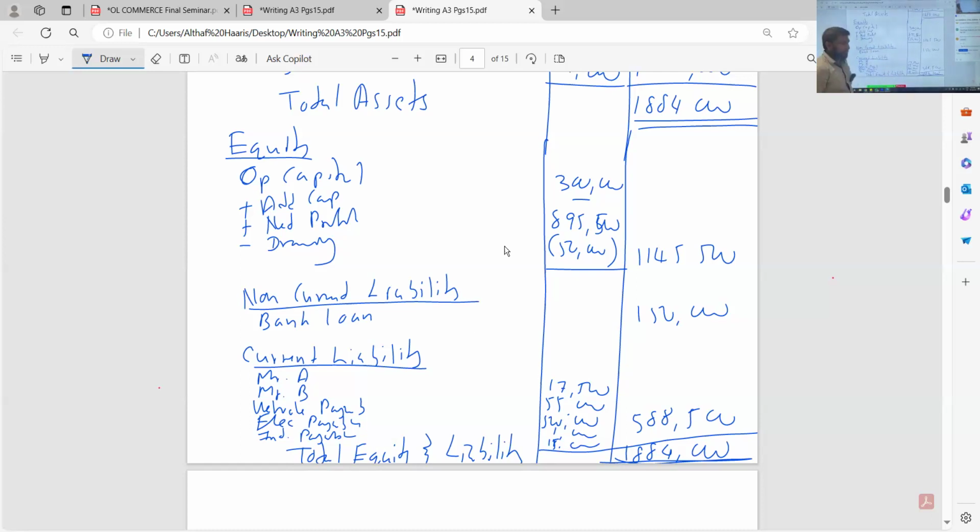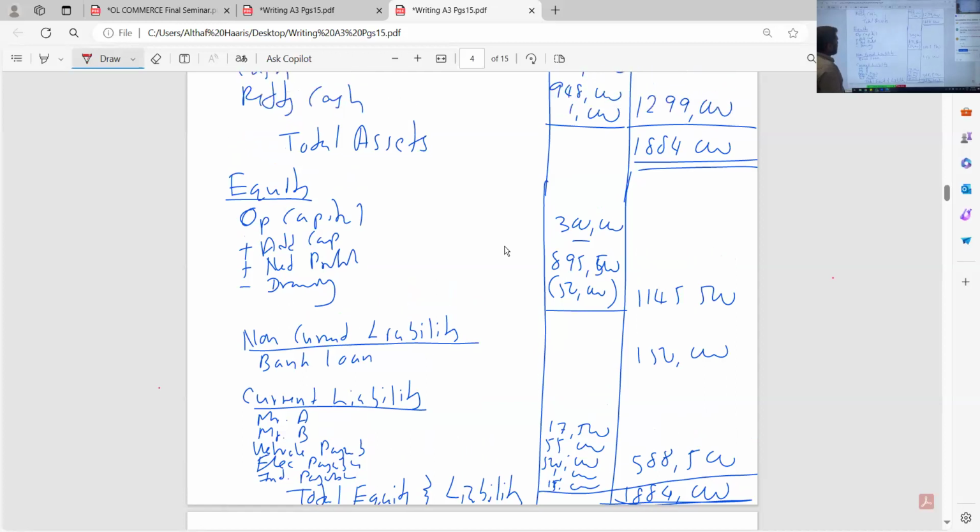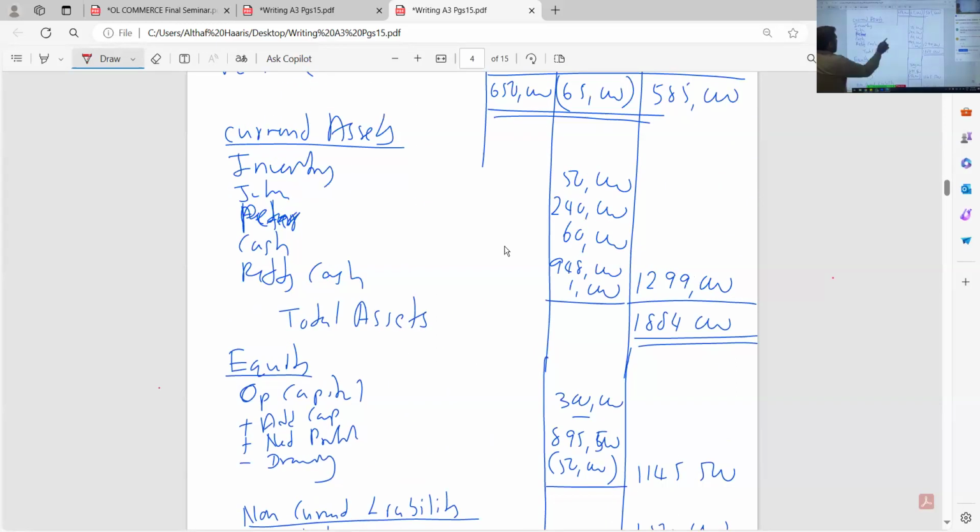People listen. In your exam, if you didn't write anything else, if you just write these figures, surely you will get marks. One is ensure to write the inventory value under the current asset. Half a mark sure.